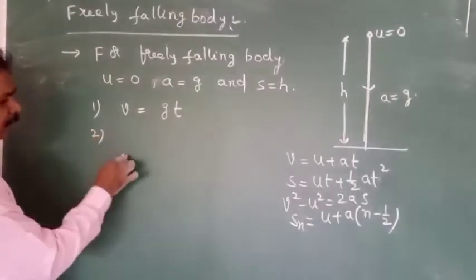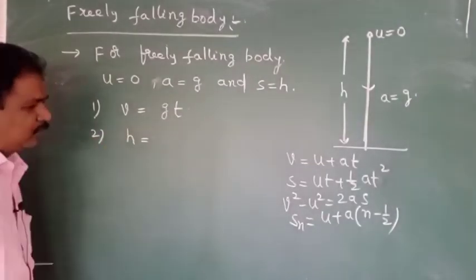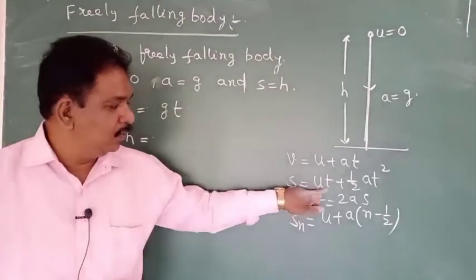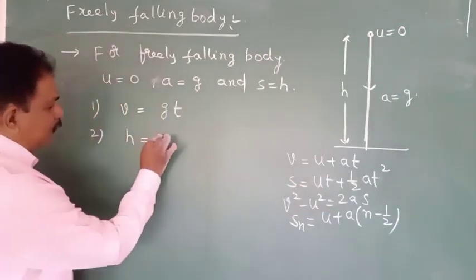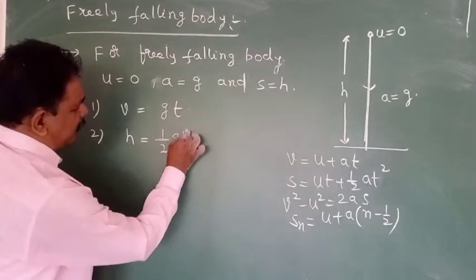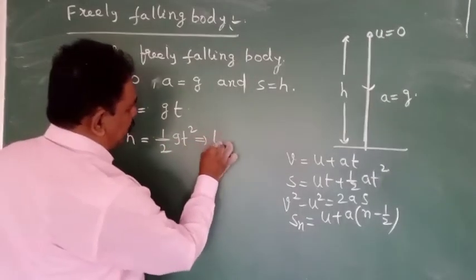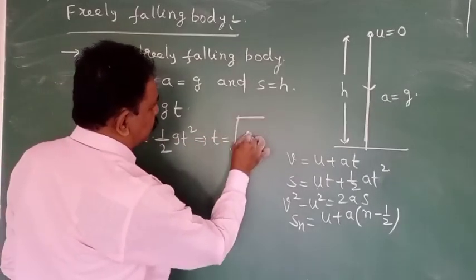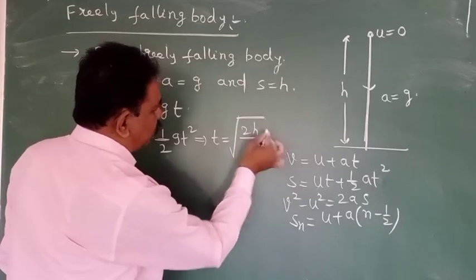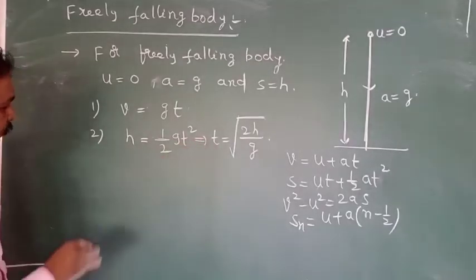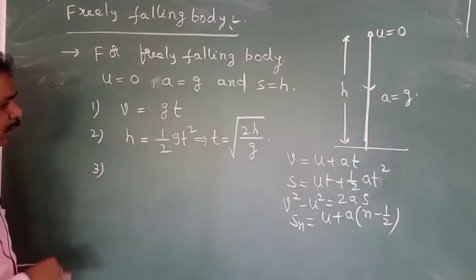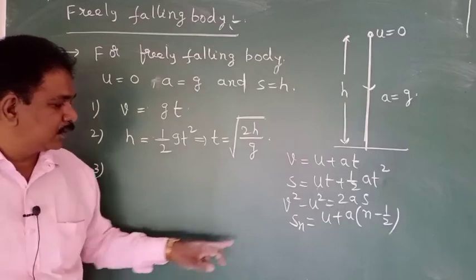Second equation: h is equal to half gt square, since u is 0 and that term becomes 0. So t is equal to square root of 2h by g. That is the t value. This is the second equation of motion.